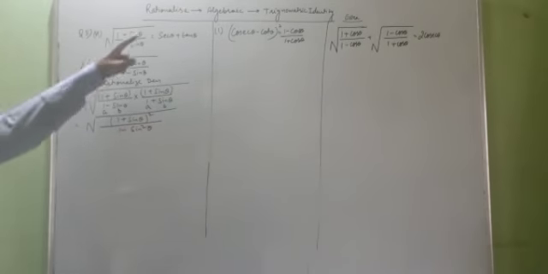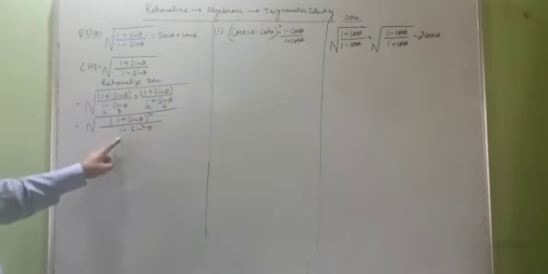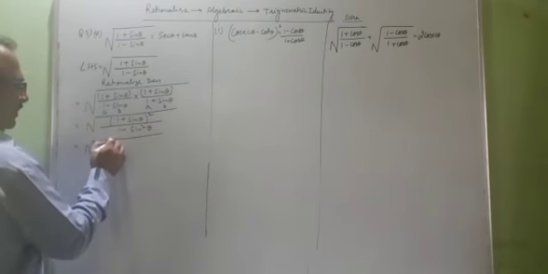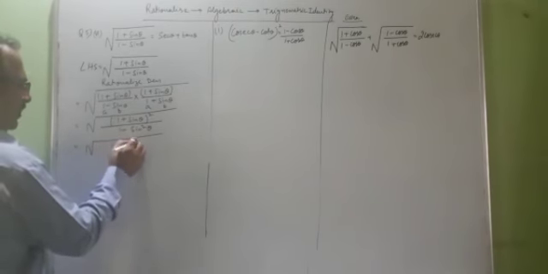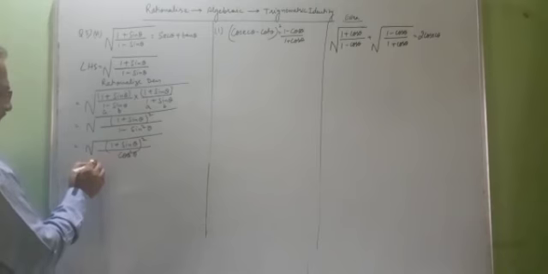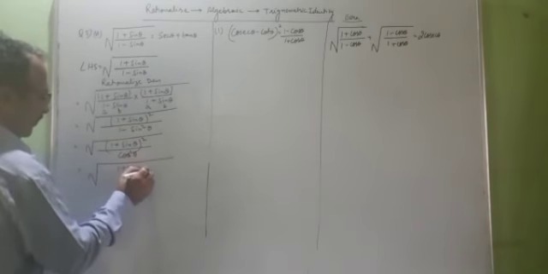Now after algebraic, which door will open? Trigonometric. Now the things are in standard form. So 1 minus sine square theta can be written as cos square theta. Now you can take square common: 1 plus sine theta whole square upon cos theta whole square.